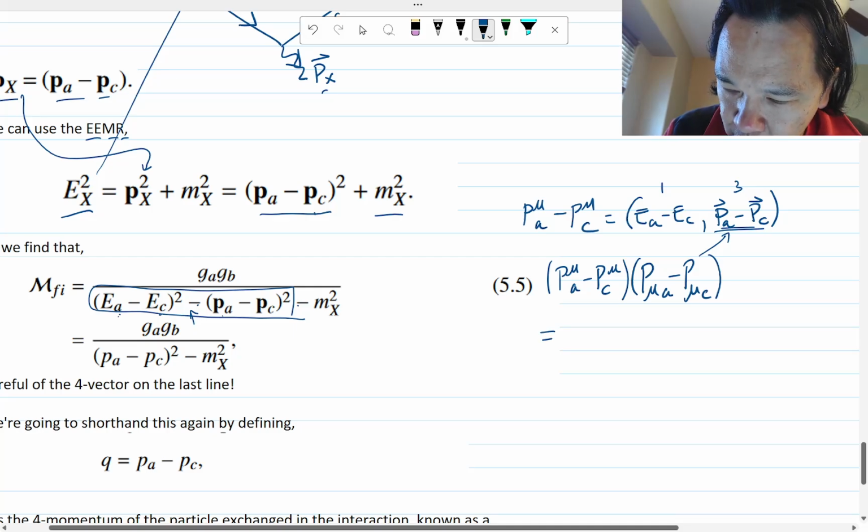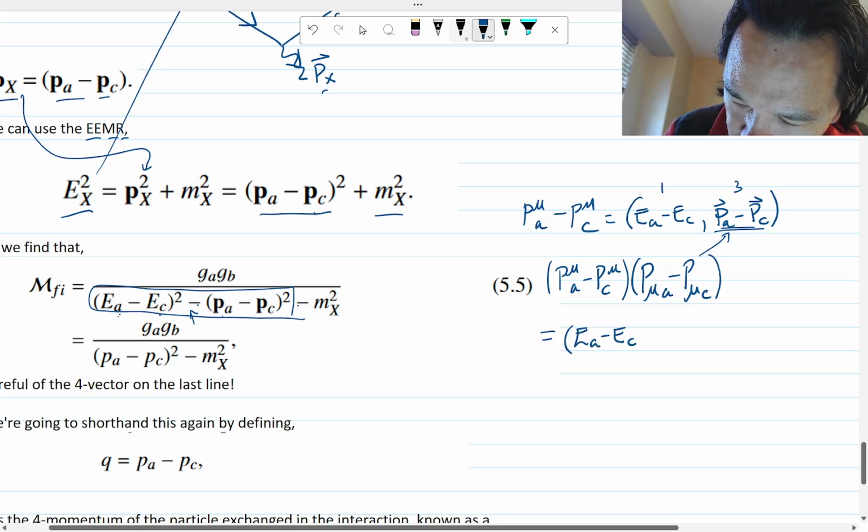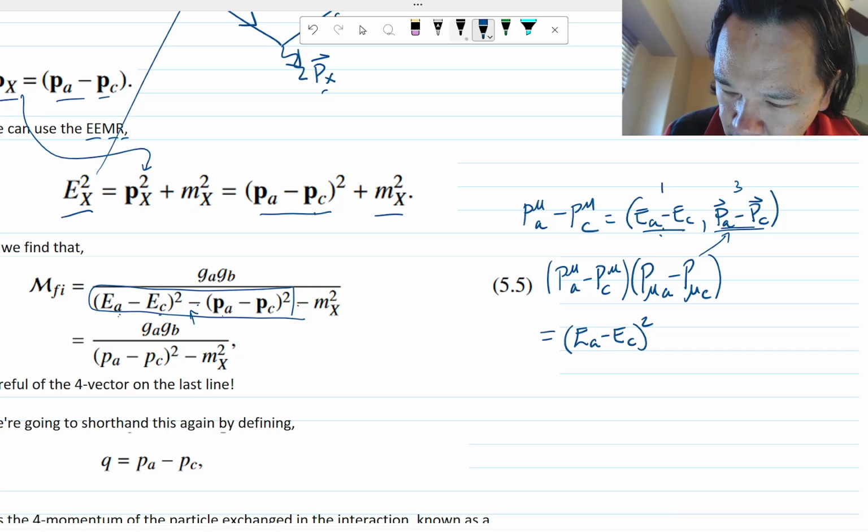So if you multiply these two together, you get EA minus EC, the whole thing squared, because this is the 0th component, mu equal to 0. And then you have to subtract, because you're going to flip the sign of this.